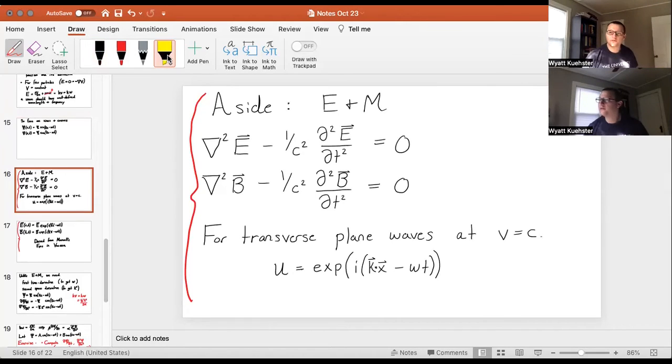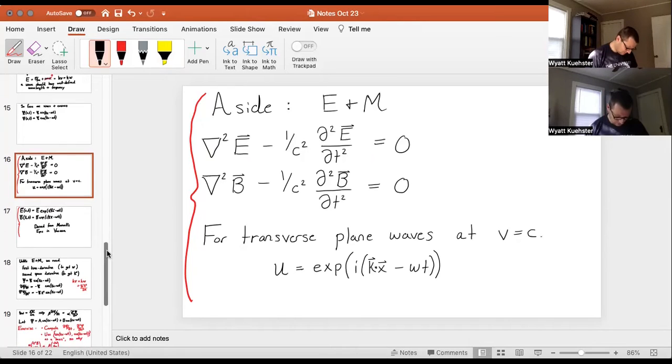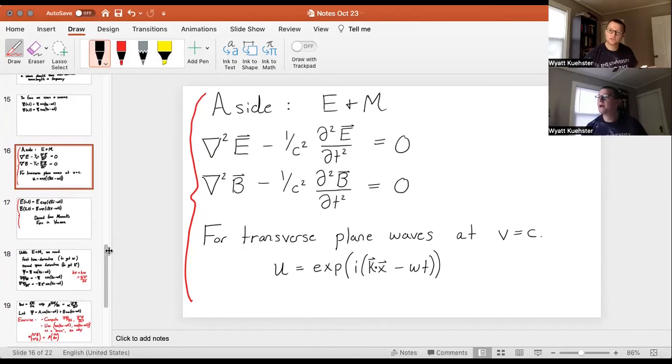You take the curl of E, get rid of the divergence term, and do all this stuff, and you obtain these two equations: Laplacian of E minus 1 over c squared times the second time derivative of E equals 0, and the same thing for B. This is Maxwell's equations in a vacuum, and it describes light waves moving at the speed of light.